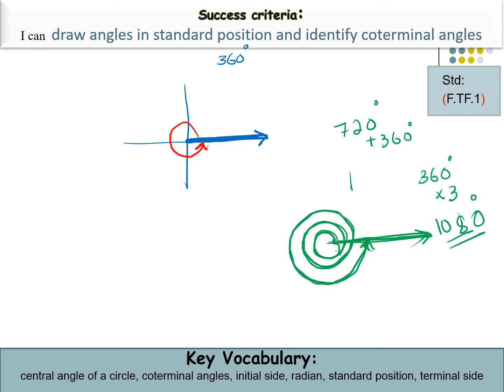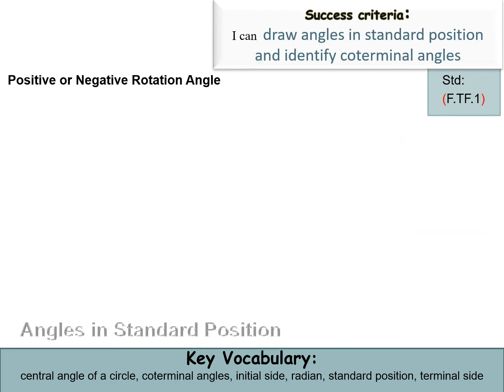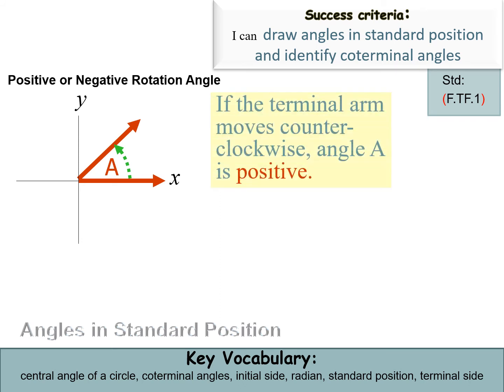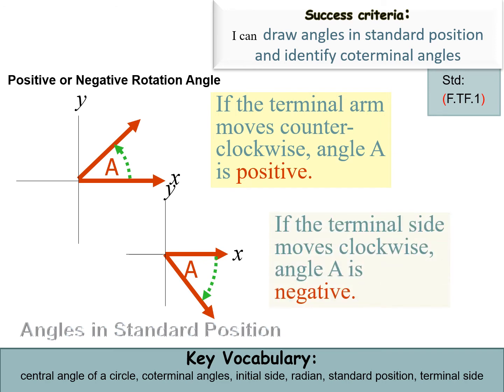Now for another thing, let's start making the drawing over here. As I said, if you rotate in the anti-clockwise direction, it gives you a positive angle, and if you move in the clockwise direction, you will get a negative angle.